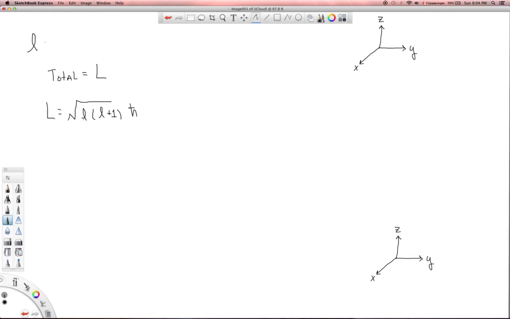It comes up in how we define the total angular momentum of an electron in an atom.